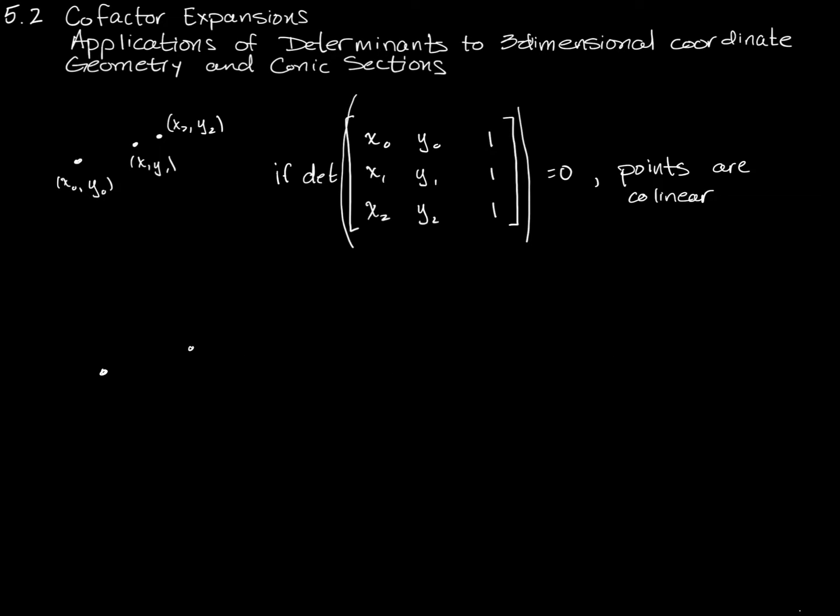In other words, if I draw 3 points, even if they're not on the same line, they go through the same plane. This is really hard to demonstrate in 2 dimensions. I could try and draw it in 3 dimensions. We'll see how that goes.